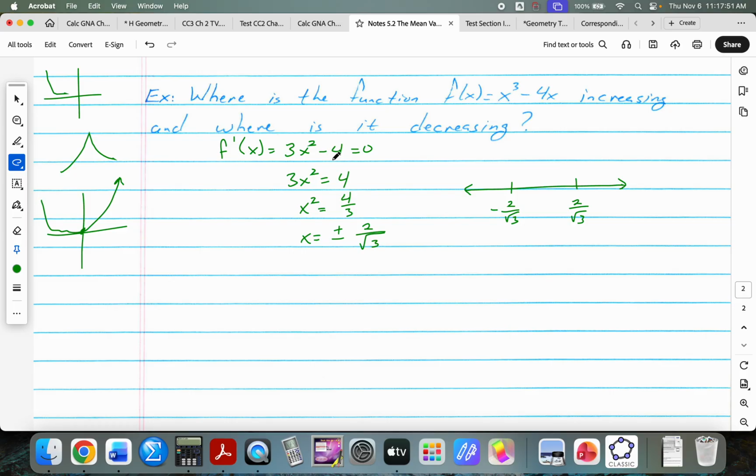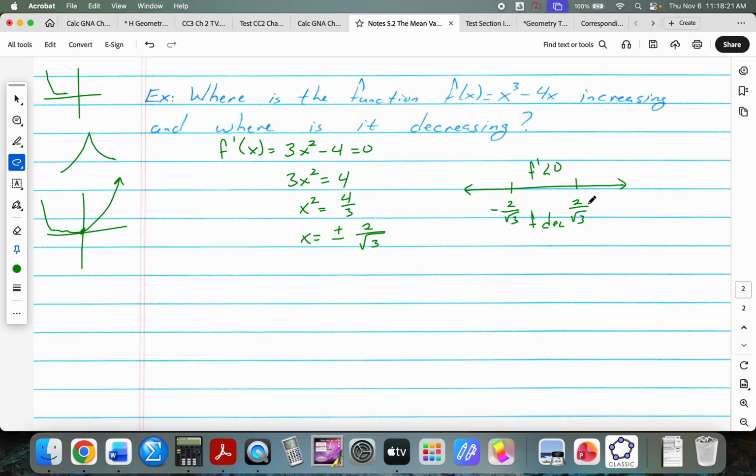The fact that it's 4, nobody cares. All we care is that it's negative. So here, f prime is negative, which means that f is doing what? It's decreasing. When the derivative is negative, my function is decreasing.